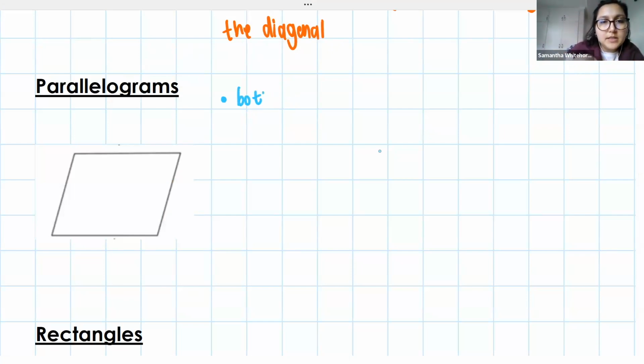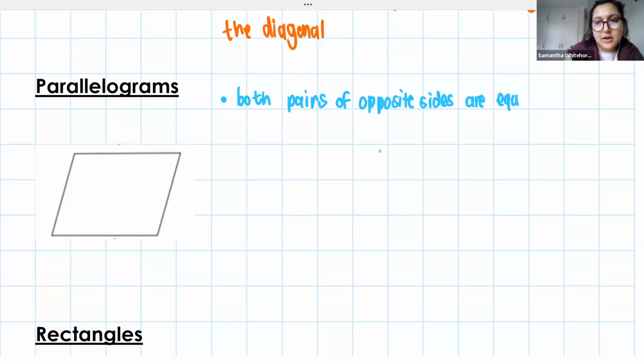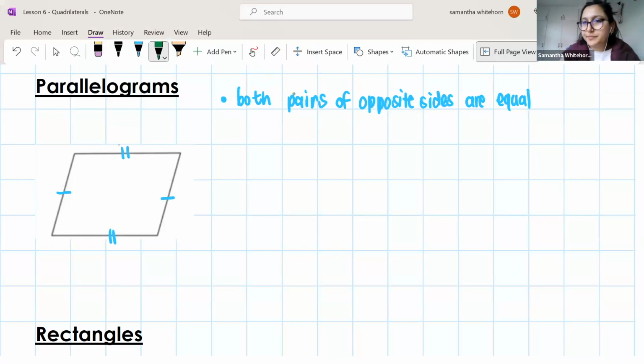Both pairs of opposite sides are equal. All right, so that is our first parallelogram characteristic that we need to know, the fact that opposite sides are equal to each other. Nice one.